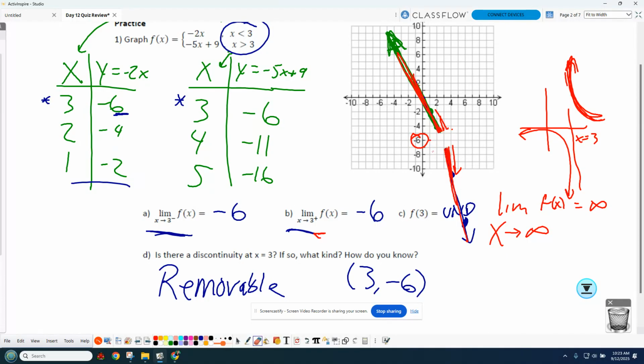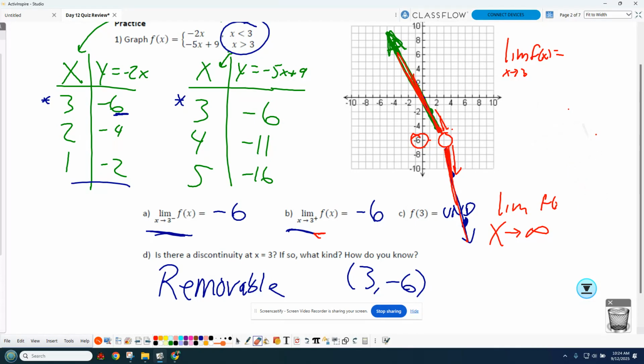All right, we'll get there. And also, is the limit the x value?